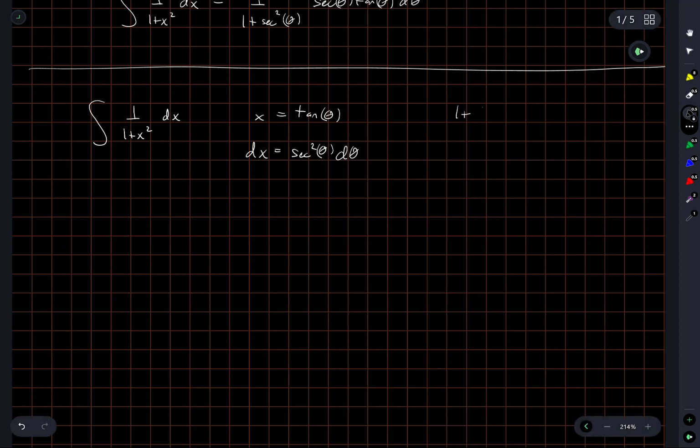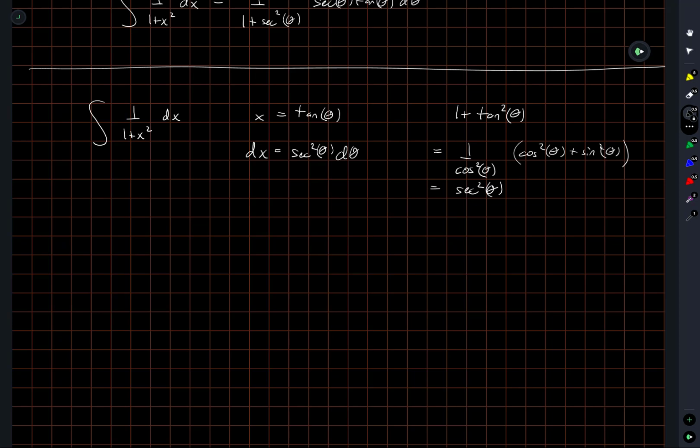But 1 plus tan squared theta is equal to 1 divided by cosine squared times cosine squared plus sine squared. Right, factor out a 1 over cosine squared, and this is equal to secant squared theta.